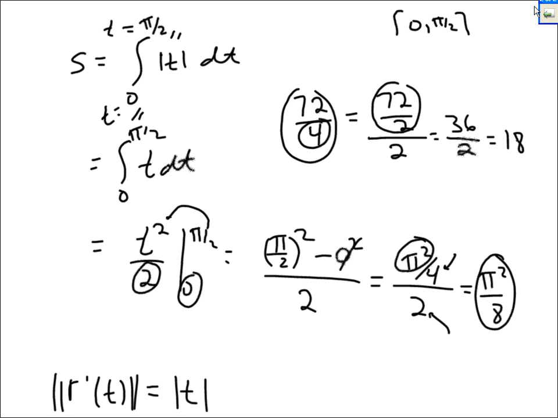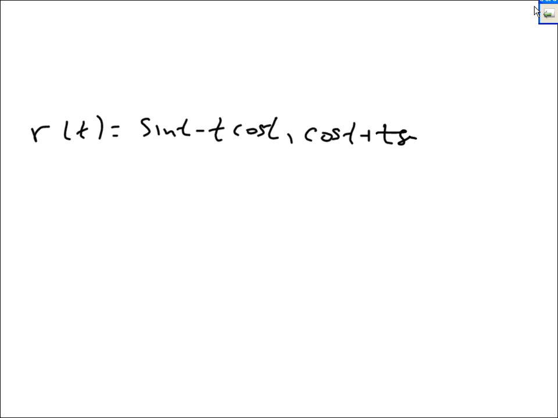Okay, now we want to graph this from 0 to pi over 2. So we found the arc length, now we just have to graph it. Remember that r of t was equal to the sine of t minus t cosine of t, comma, the cosine of t plus t sine t.